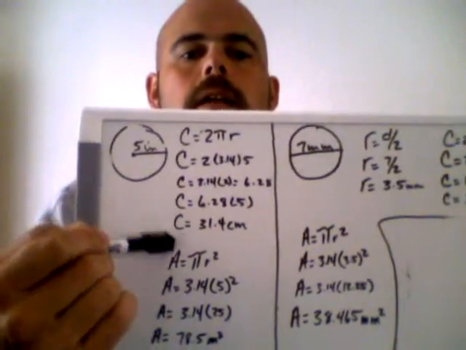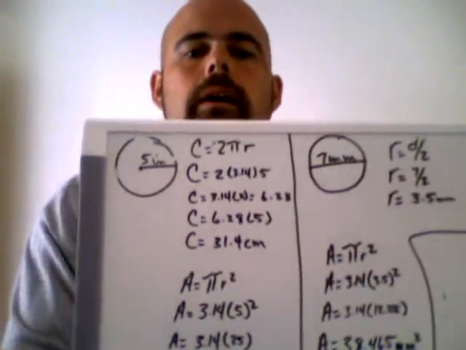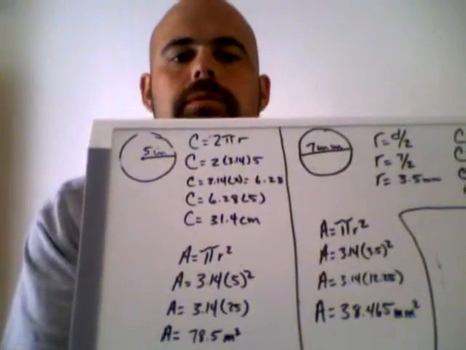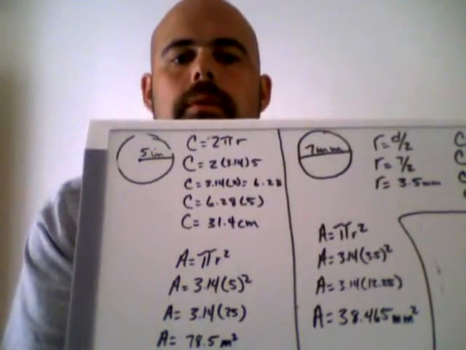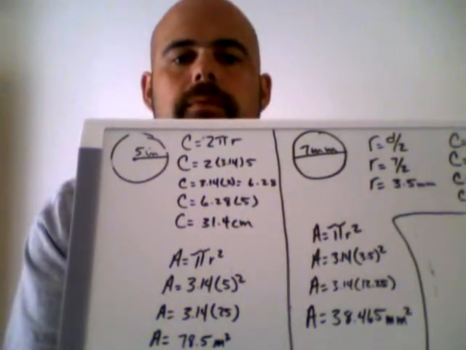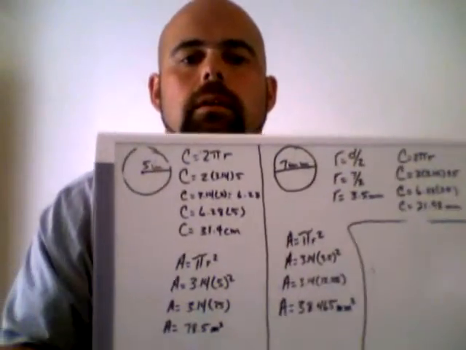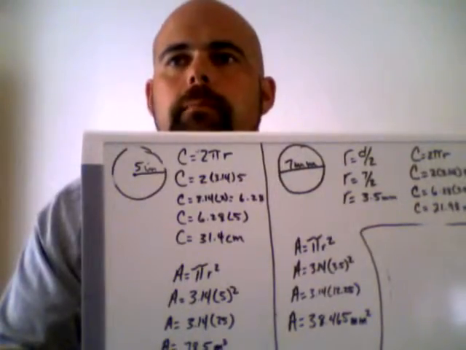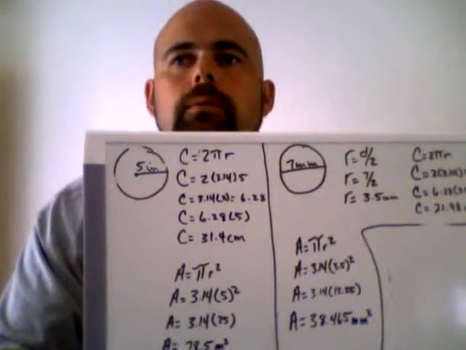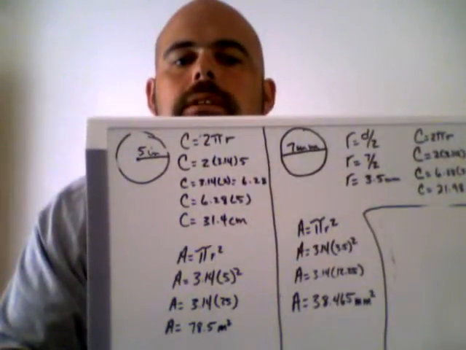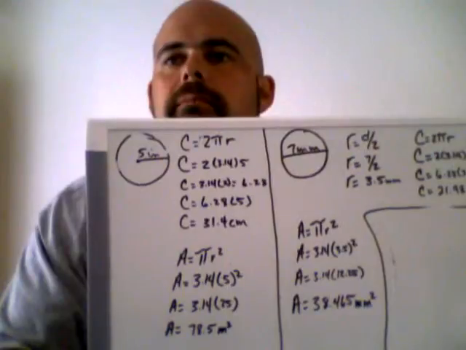Okay? Now when we go to apply that to our area formula, area equals 3.14 r squared. Well, we know that again that pi is 3.14, and our radius is 5, so 5 squared is 25, and 3.14 times 25 is 78.5 meters squared.